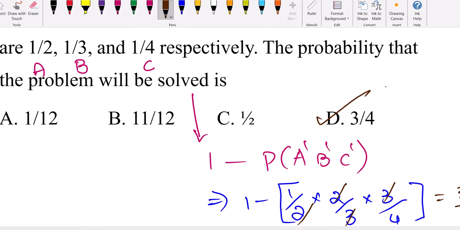This is actually A dash intersection B dash intersection C dash. Formal things you can do in your regular university exam style. Here our approach is to solve the question in less time. No need to write P of A dash intersection B dash and all those in the exam. They only want to know whether you got the right answer.